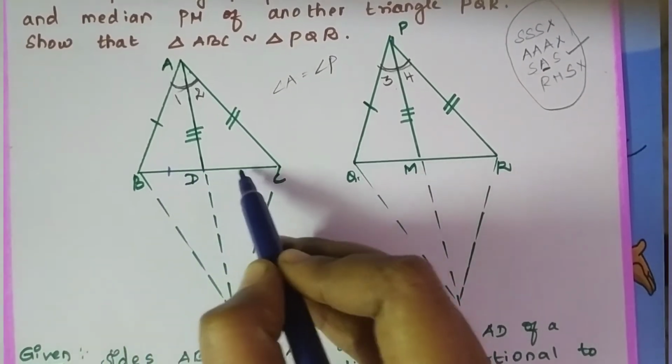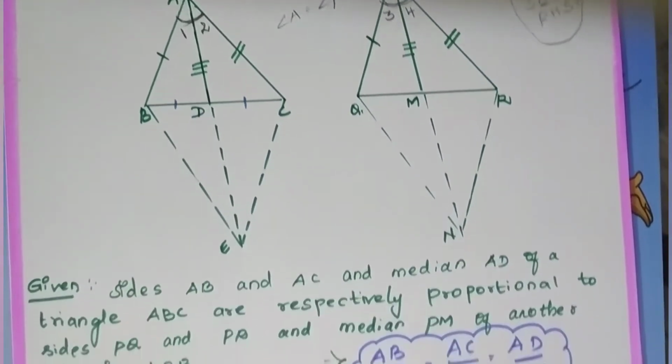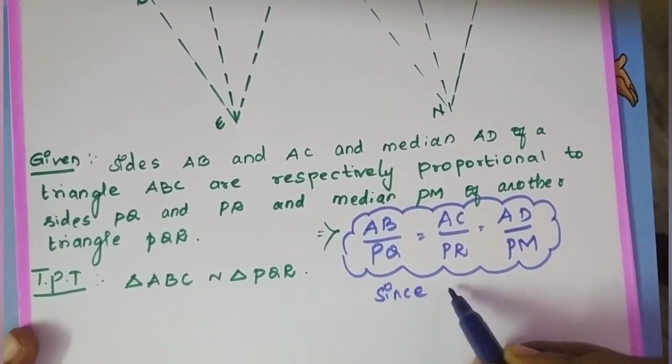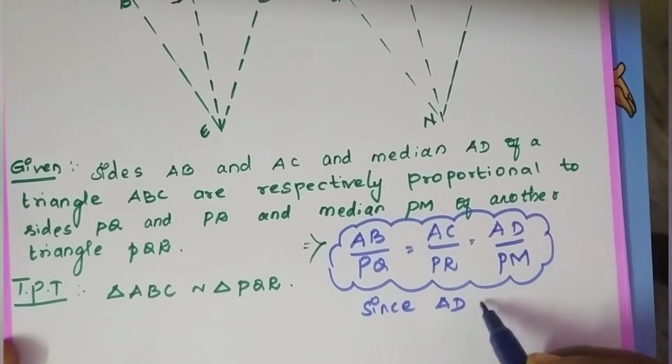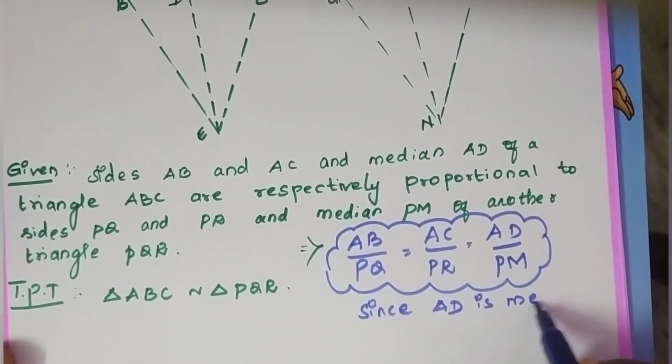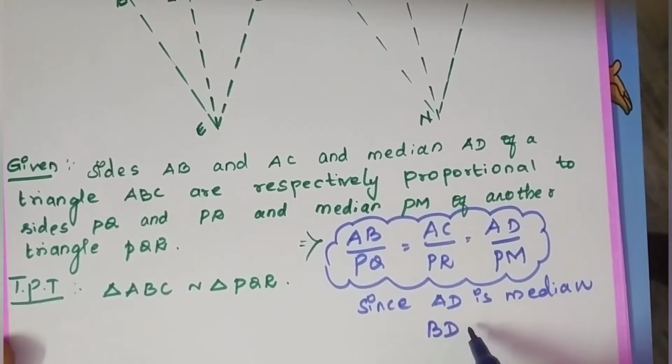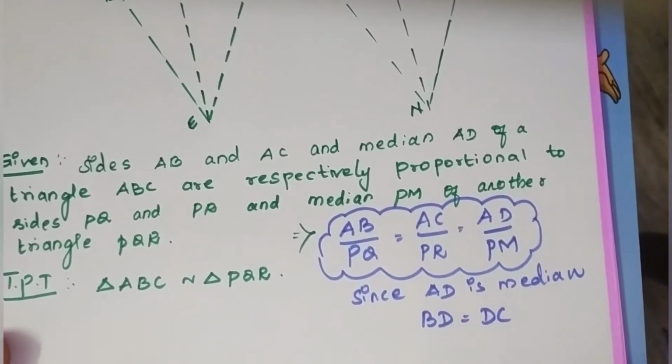Therefore, this side and this side must be equal. Since AD is a median, we can tell that BD is equal to DC.